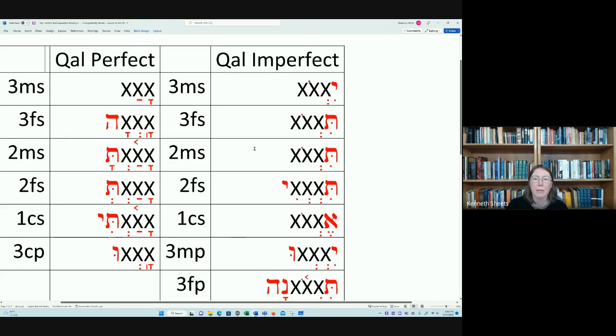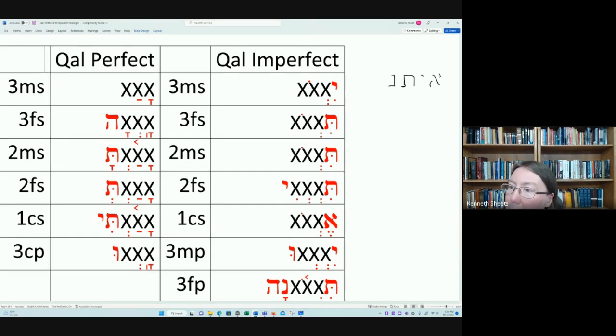Then we also have here the Qal imperfect. And remember again, Qal imperfect, so we're going to be seeing those imperfect preformatives. And as we said, those imperfect preformatives were the aleph, the yod, the tau, and the nun, where the aleph would indicate first common singular, the nun would indicate first common plural, the yod would indicate third masculine singular or plural, and the tau would indicate everything else.